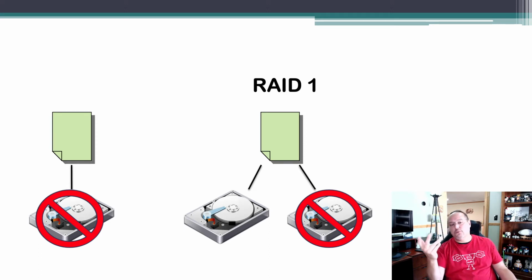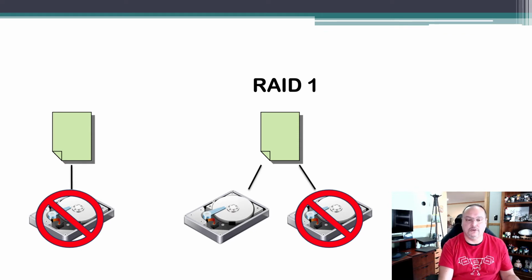If I'm buying two 1 terabyte drives, and I've got the same data on each, I'm getting 50% of the capacity I bought. Because I'm not combining the drives to get 2 terabytes, I'm writing the same data to both drives. So I'm only getting half the value of what I paid for. A little bit of an issue, but I get protection, which is a big deal.